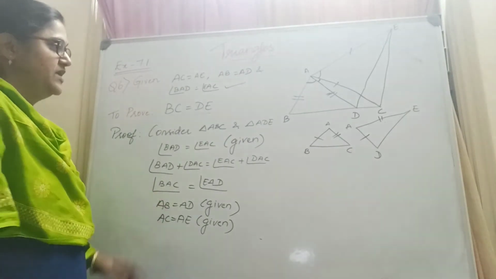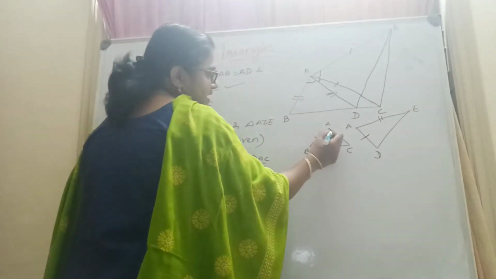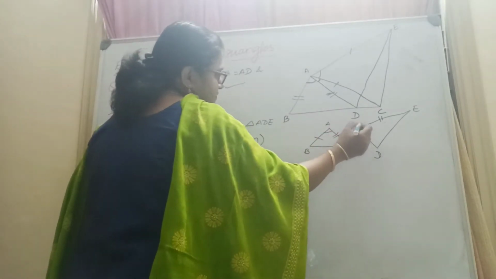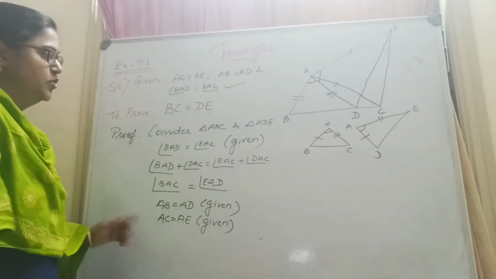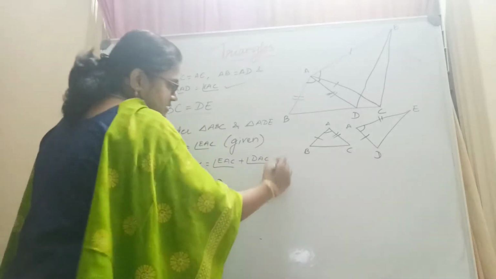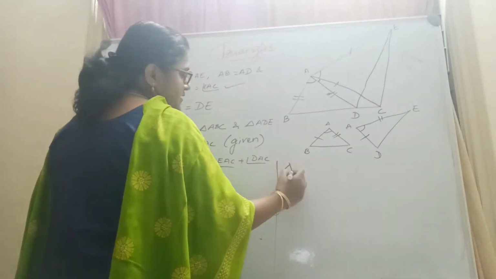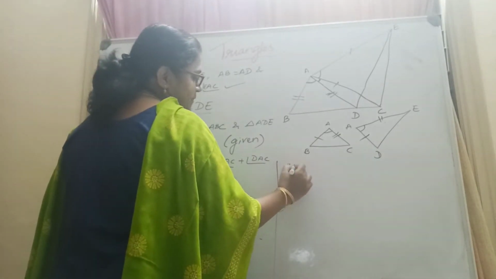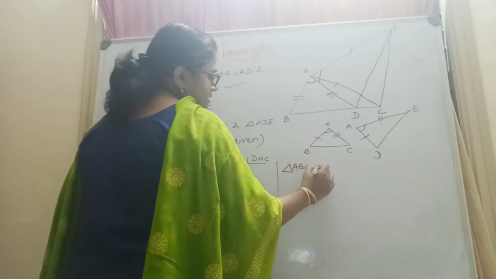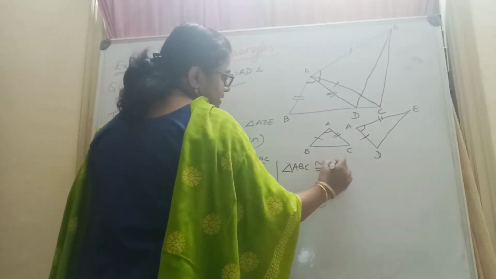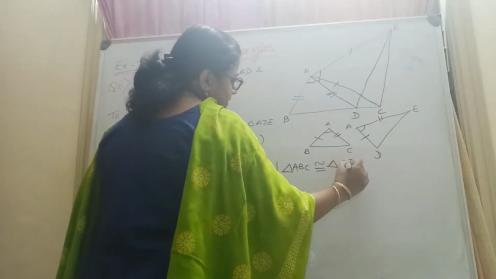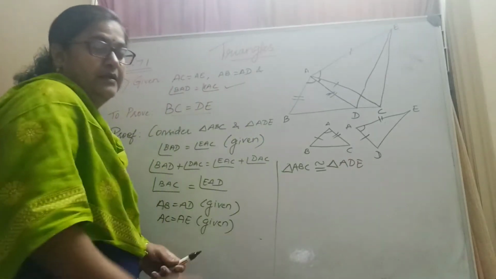That is also given in the question. And the angle which we have taken into consideration from both the triangles is angle A. So now both the triangles are congruent. Triangle ABC is congruent to triangle ADE. What is the reason?